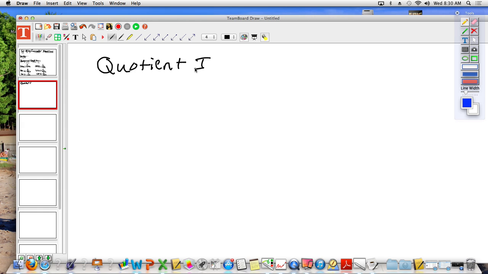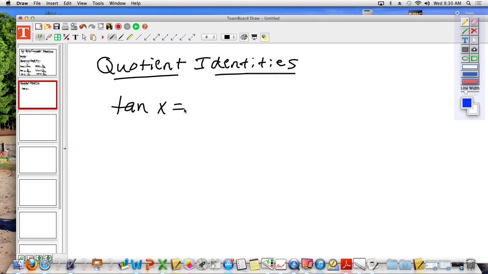Quotient identities. You had the tangent of x. What did tangent of x mean? Tangent of x was what?